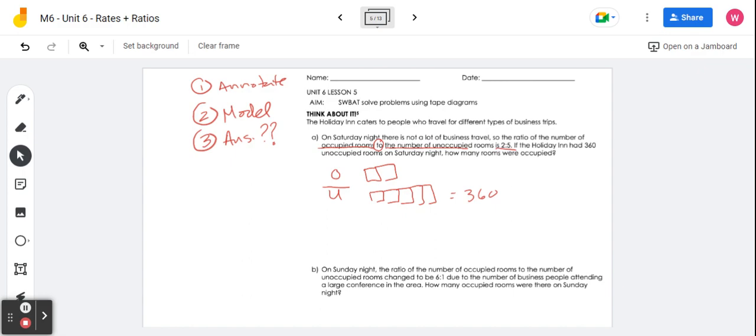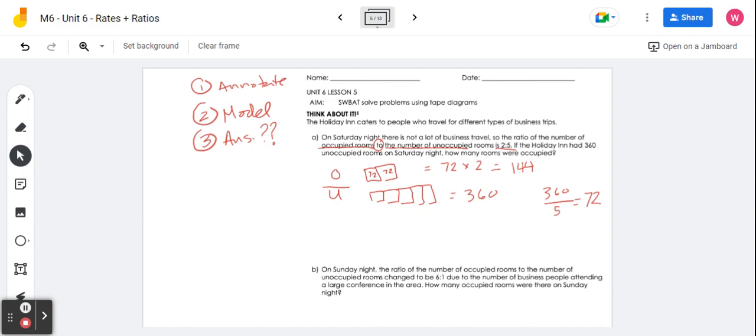Well, we take this 360 divided by 5, and that gives us 72. So that means each one of these pieces of tape is equal to 72. Well, for the occupied rooms, if 2 of the pieces of tape is equal to 72, to figure out the total, it's 72 times 2, which is 144.